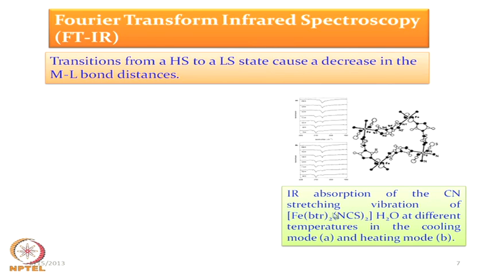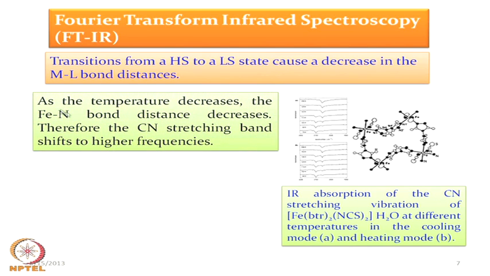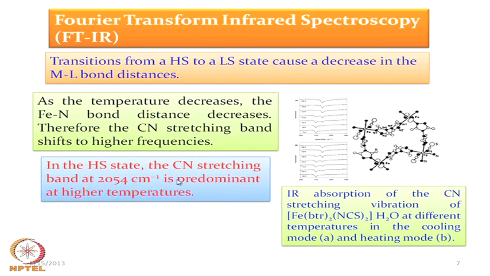This CN stretching vibration of Fe BTR is another ligand set, but of a similar type to what we have seen for orthophenanthroline, and water is the water of crystallization, at different temperatures in the cooling mode and the heating mode. As we go for cooling and come back again through the heating mode, it gives rise to a change in the Fe-N and the CN stretching bands, shifting from one spin state to the other spin state.